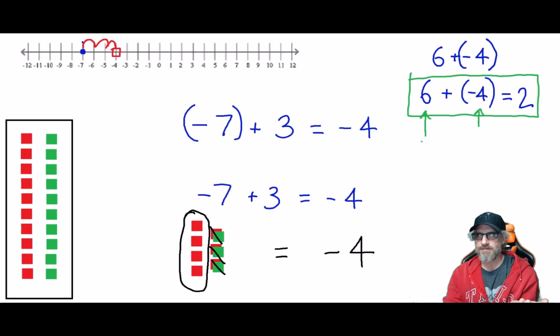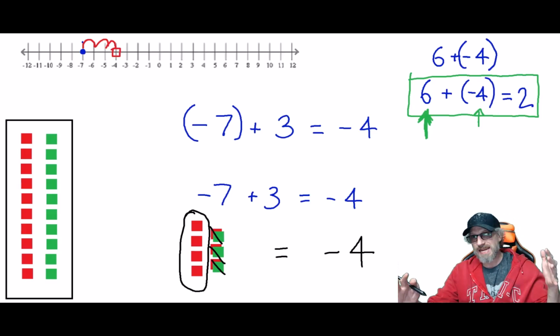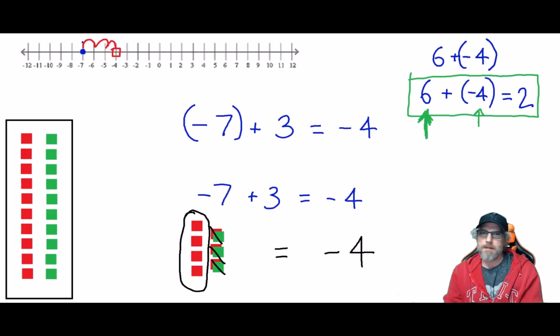So the positive number had the bigger magnitude, like bigger strength from a positive side. There was a negative 4, but it's not as large as the 6. Maybe what I really should be talking about is absolute value. Thinking about the absolute values of those numbers, it's the positive number that has the bigger absolute value, and that is the reason that our answer was positive.